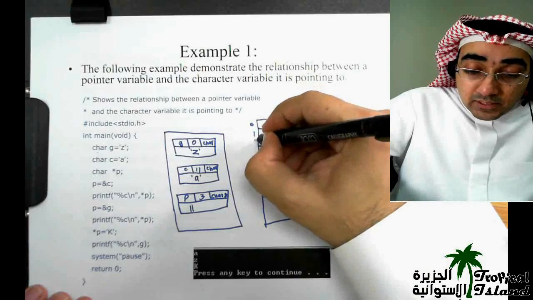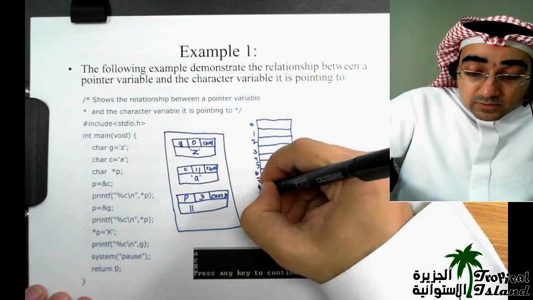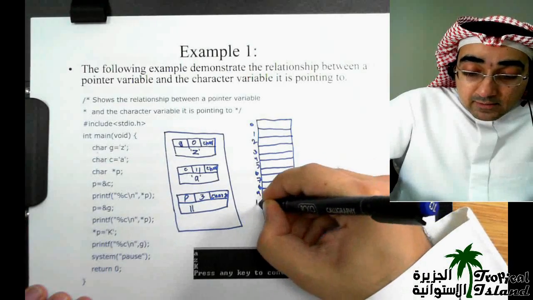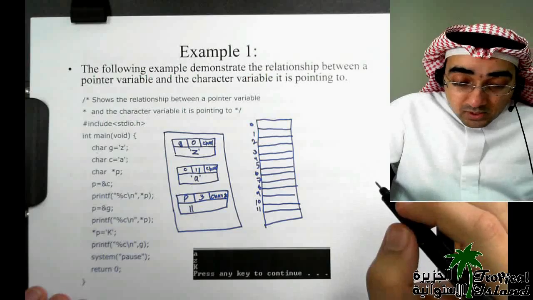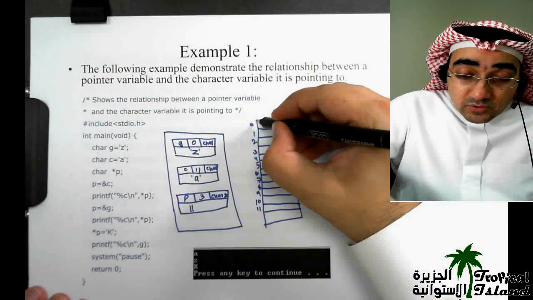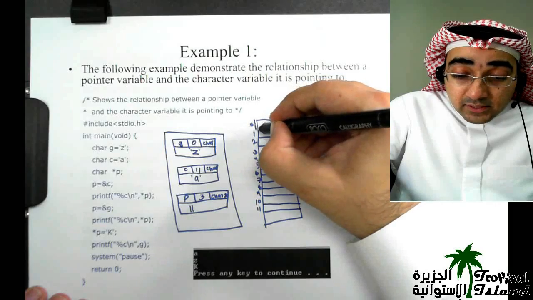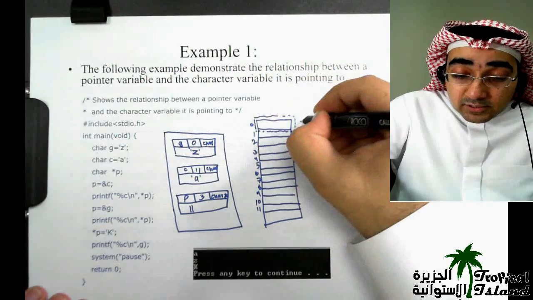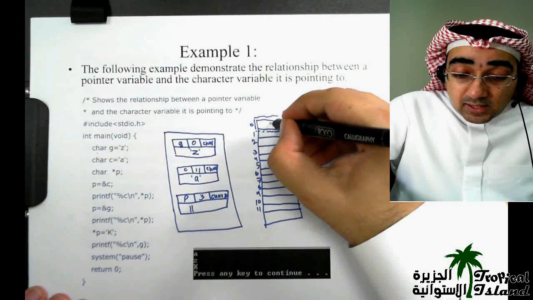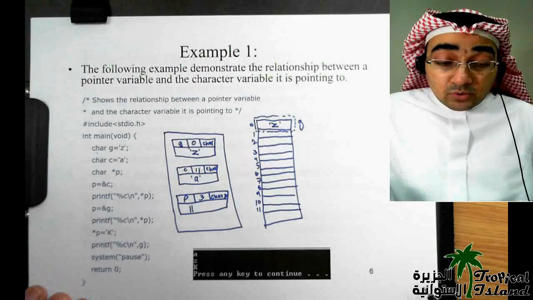So I'm going to have 0, 1, 2, 3, 4, 5, 6, 7, 8, 9, 10, 11. It's going to go to G, at 0, a character variable. A character variable takes only 1 byte, so it's going to allocate this byte, call it G, and then store in it the letter Z, or the equivalent ASCII code for it.